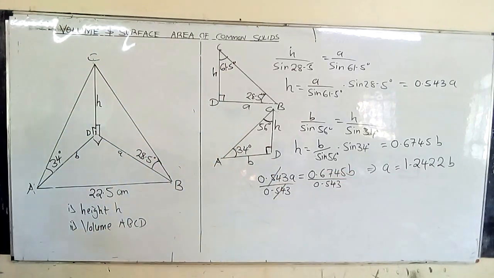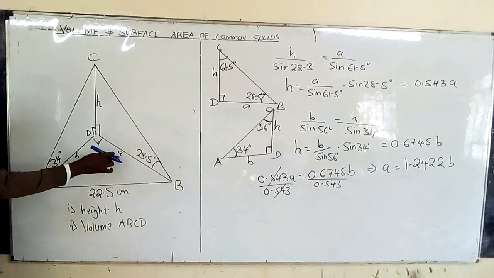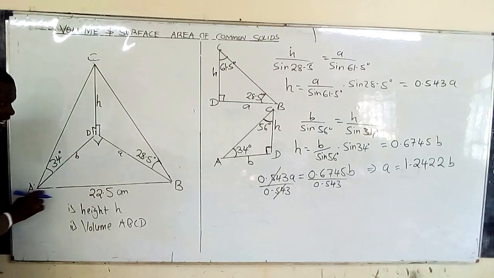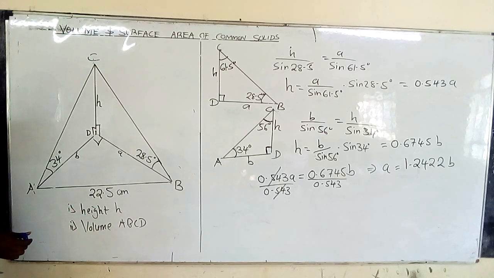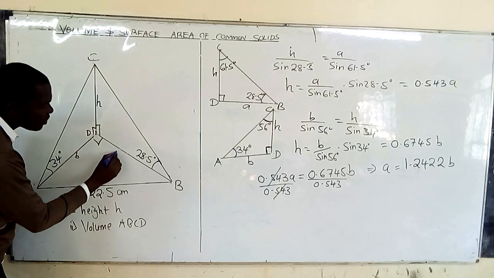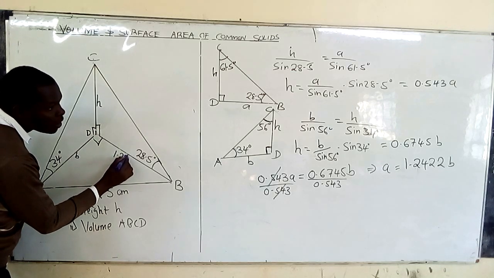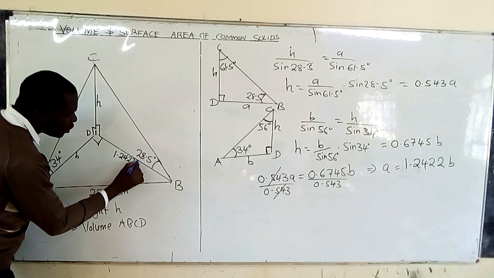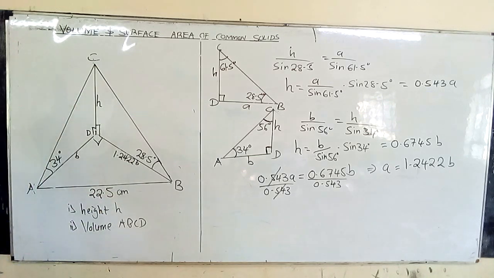So you go here. Where there is A, you put the value of A in this triangle down here. So where there is A, what have we found A to be? A is the same as 1.2422 B. Is that okay?